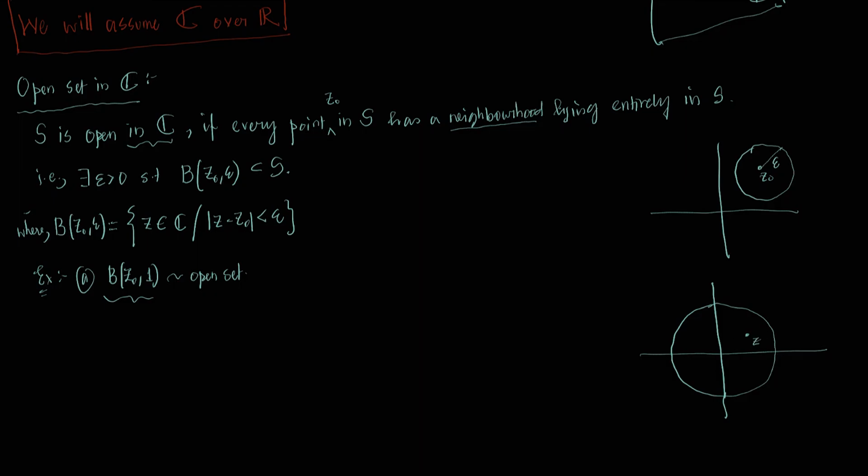Let's say Z is any point here. Of course you can put a ball which lies entirely within this set. How do you do it? You take the distance between Z and the boundary, take half of that, and build a ball which is totally contained here. You can easily show that.